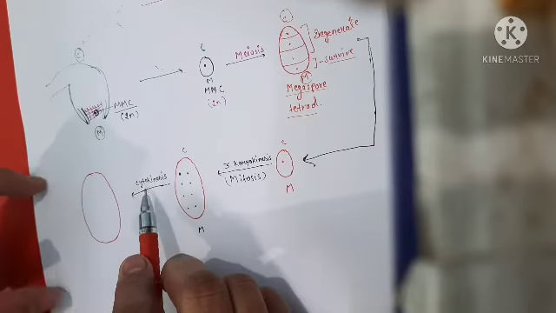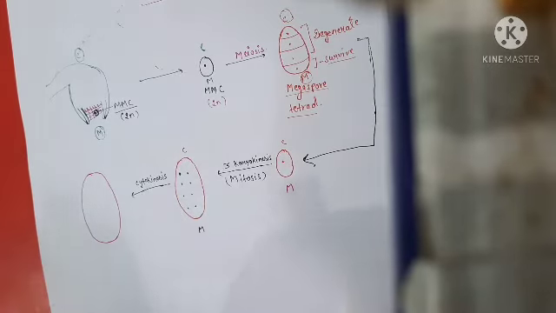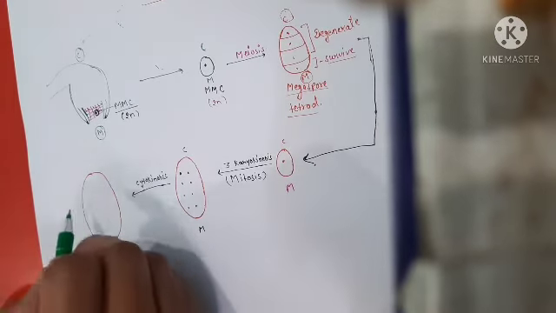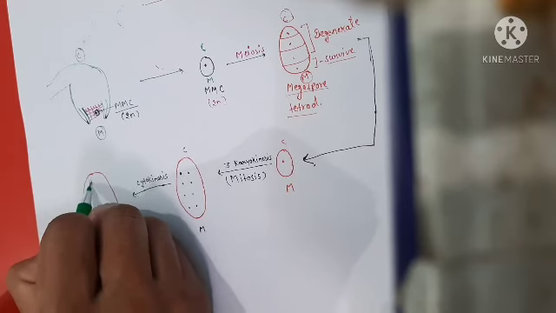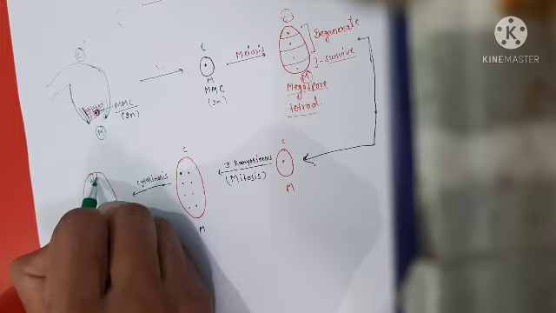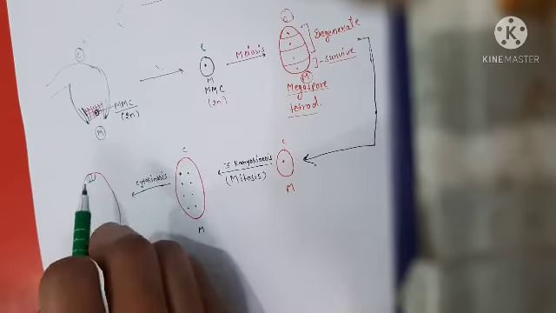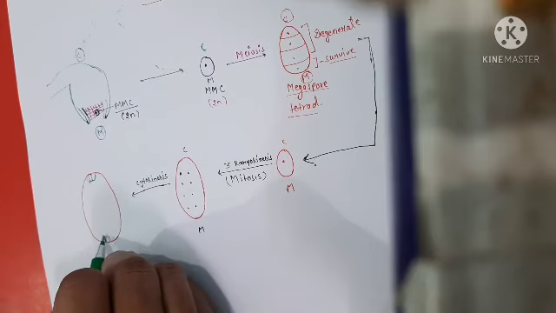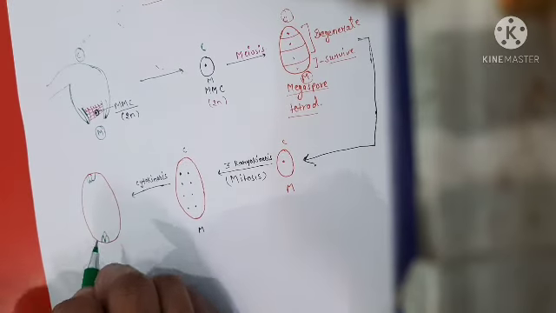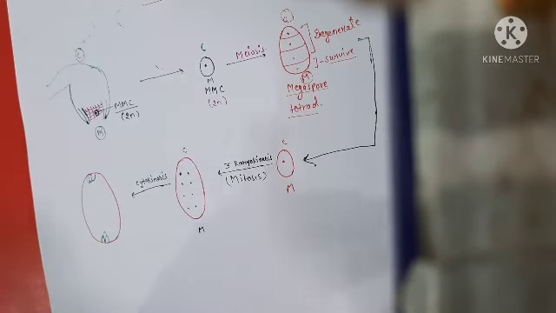Cytokinesis means division of cytoplasm. After cytokinesis takes place, here we draw. Three cells are formed here, 2 and 1, more 3 cells.